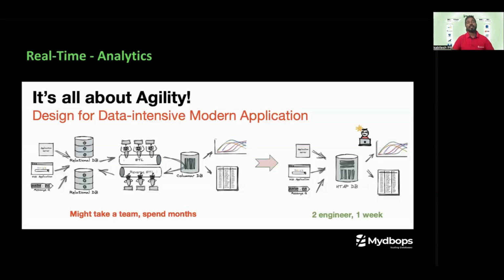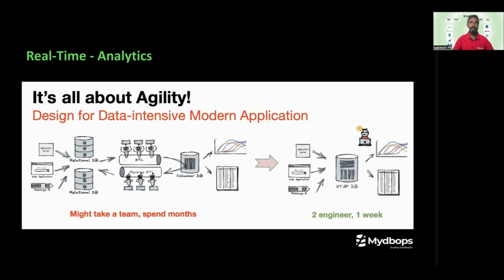Okay. Another important thing is that as the world moves towards a data-oriented mode, how fast you can use the data to take your decision defines a company which is going forward or which is lagging. So for example, MySQL does not support real-time analytics.